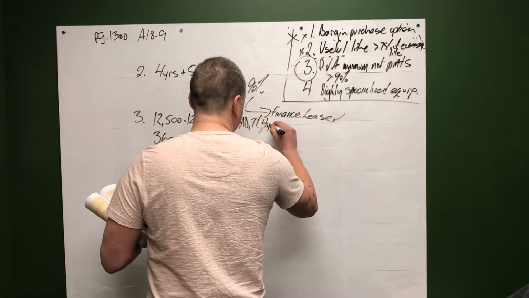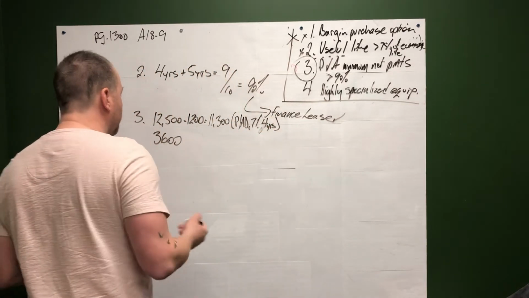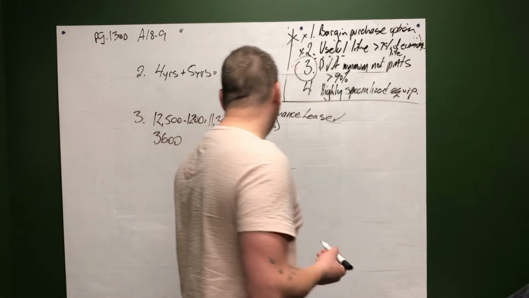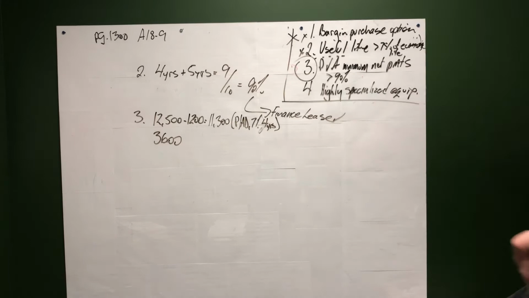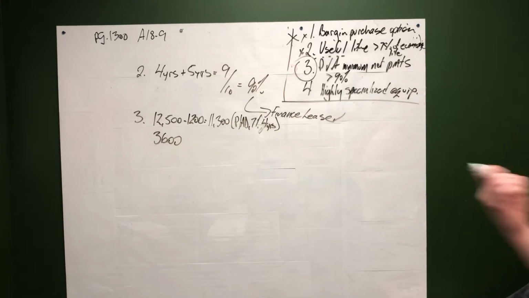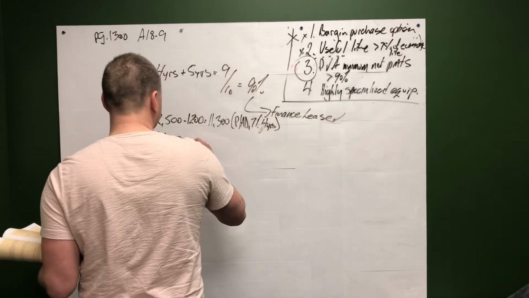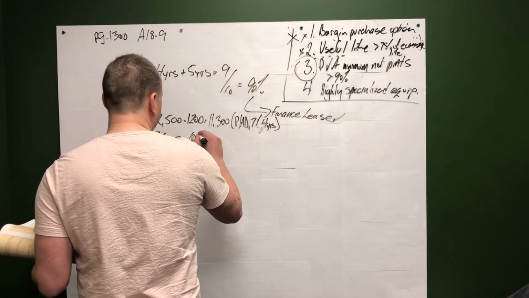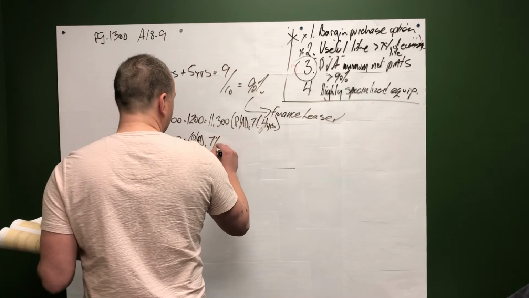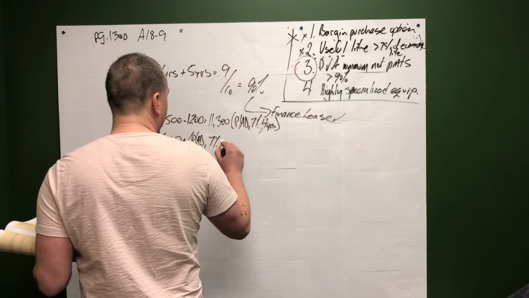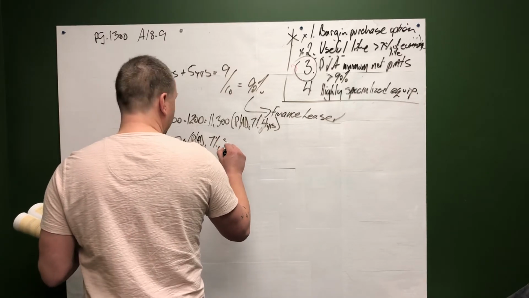4 years. Again, we're going to go to our present value table. Now, the 3,600. Remember when we have an option for this lease, we've got to figure out the present value of an annuity due, 7%, and we're going to use our new lease term of, in this case, a further 5 years.